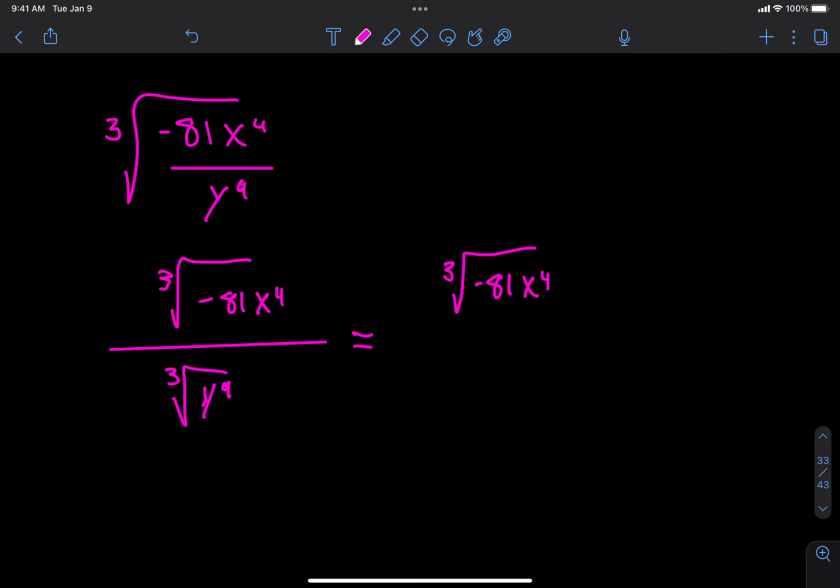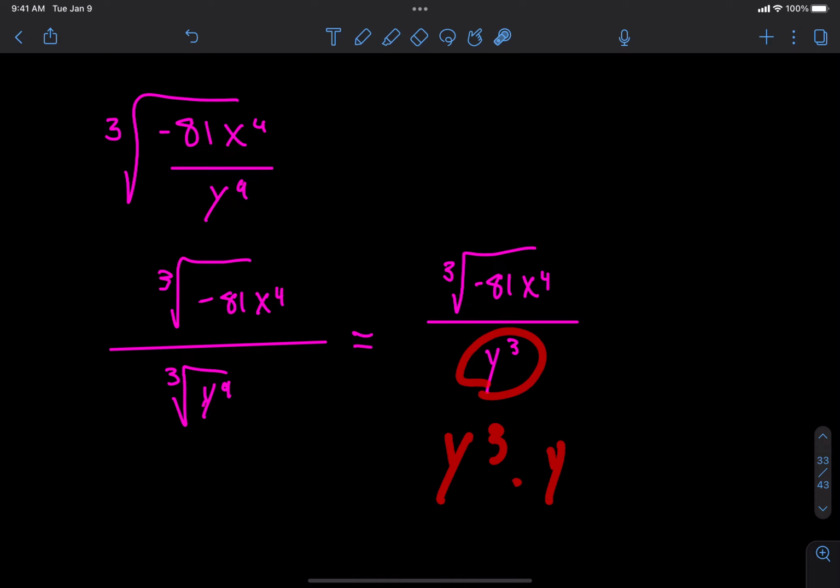How can I rewrite the bottom? I can rewrite the bottom as y cubed. I take the power of 9. It's coming out of a cube root, so I divide 9 by 3, and I am left with 3 powers of y. The other way you can think about that is if I did y cubed times y cubed times y cubed, I would get y to the 9, right?